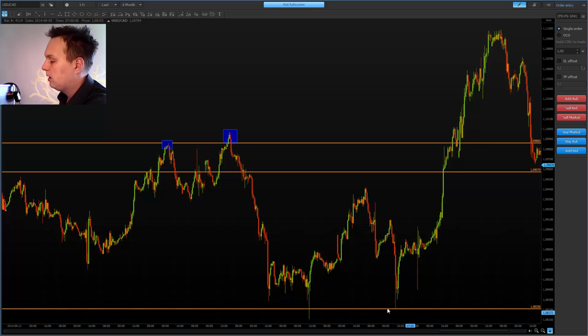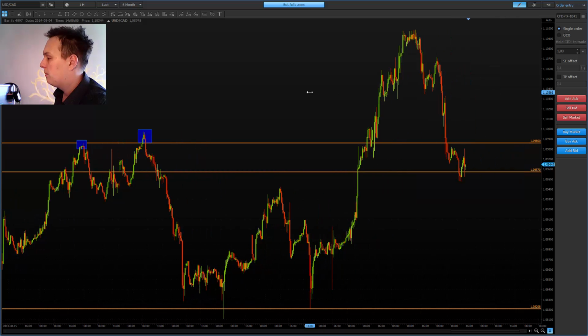Here we see that demand traders probably add some orders here to buy here on a retest, because it was the second test which took price significantly up.